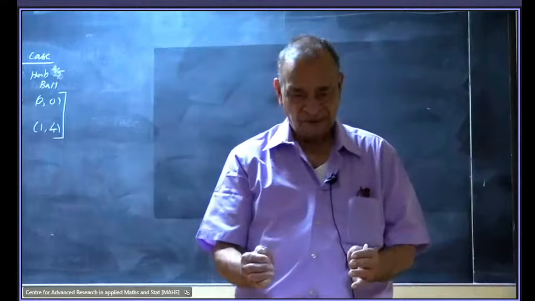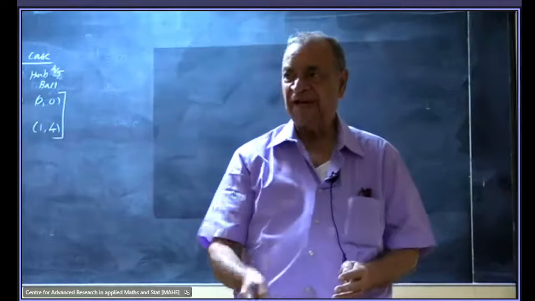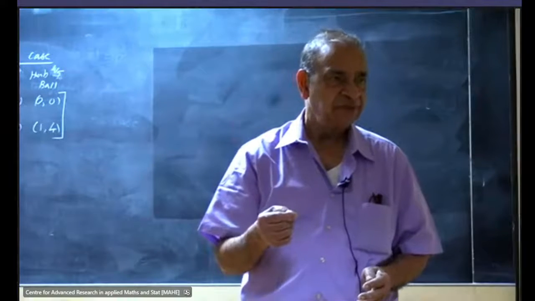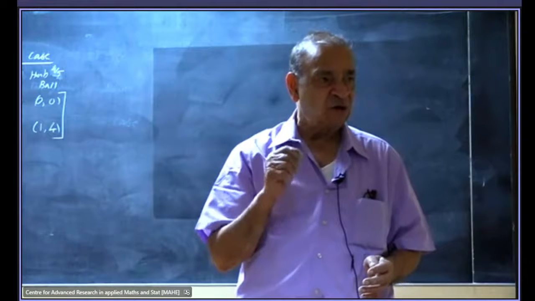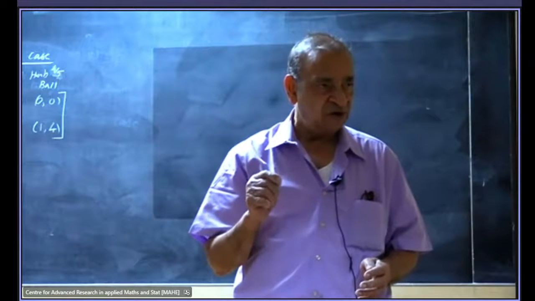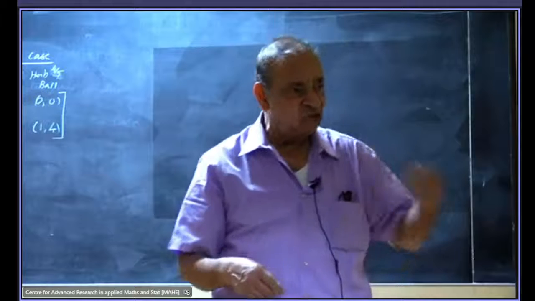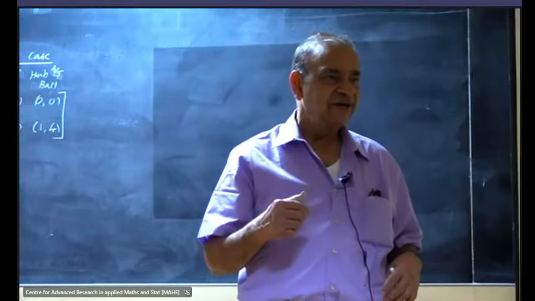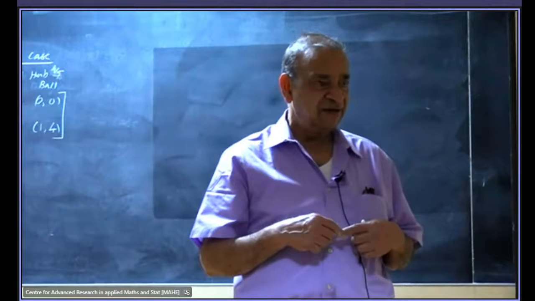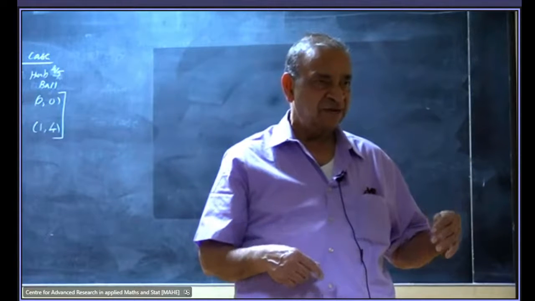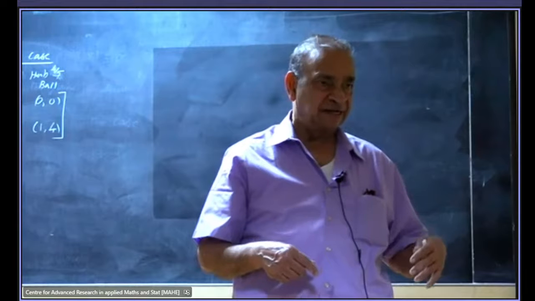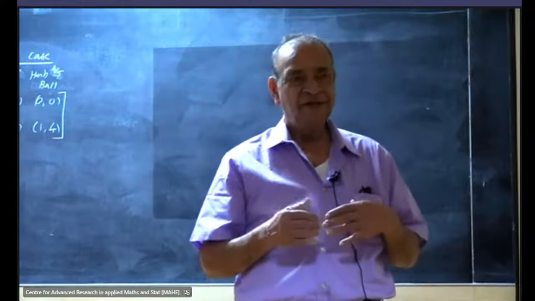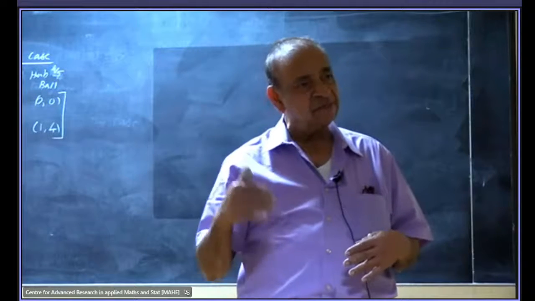So the wife picks up a random card. If it is 1 or 2 or 3 or 4, then she goes and buys the movie ticket. You follow me? If it is 5, she goes and buys the ball game ticket. The same thing the other person also does.